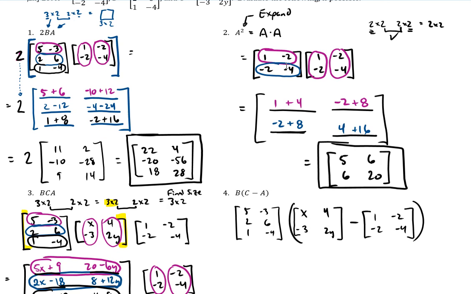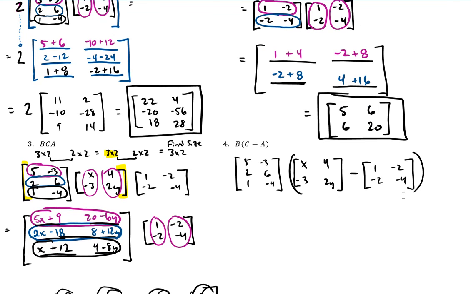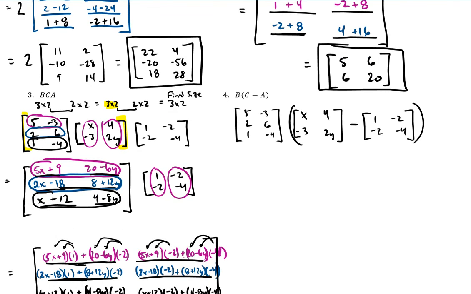Just like regular old numbers that aren't involving matrices, when you have the big parentheses there, it is telling you to do those first. So I'm just rewriting that first matrix. And then here in the parentheses, we would subtract. They are the same size, so that means our answer is 2 by 2. And I'm just setting it up.